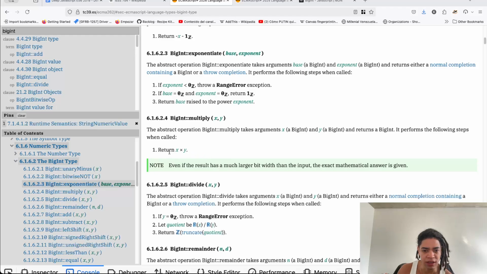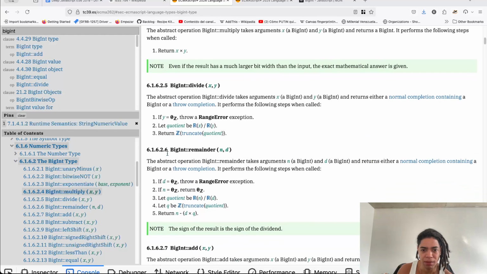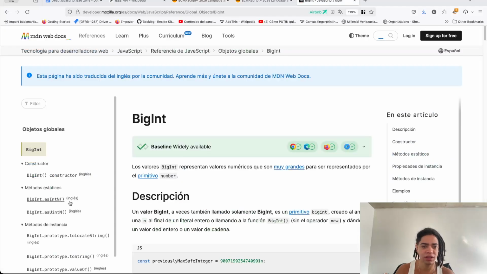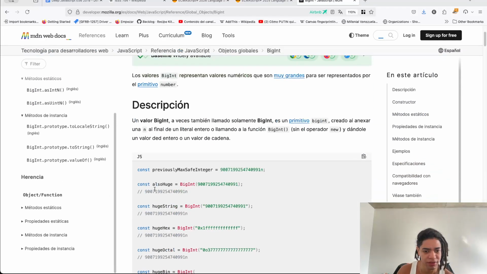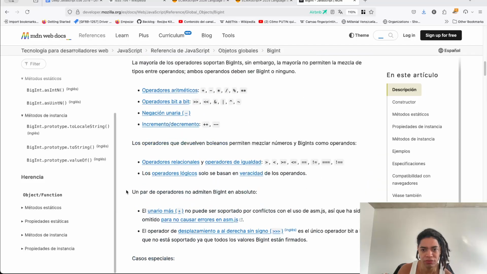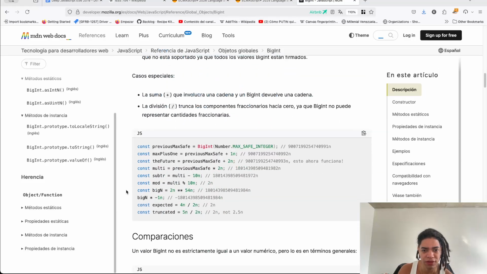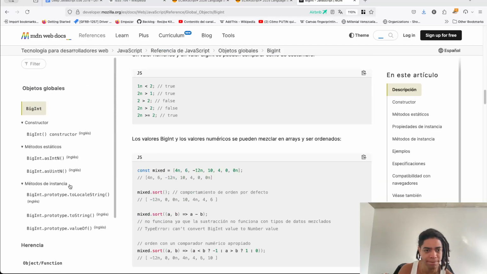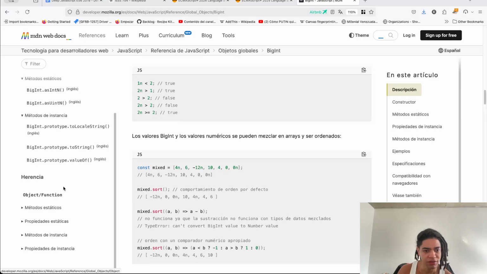What is this? The methods. BigInt remainder. Okay. So if we look at this, it must have some sort of operation here. You have BigInt, the constructor, asIntN, asUintN, instance methods.